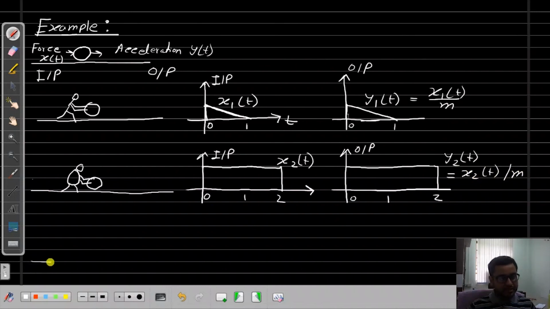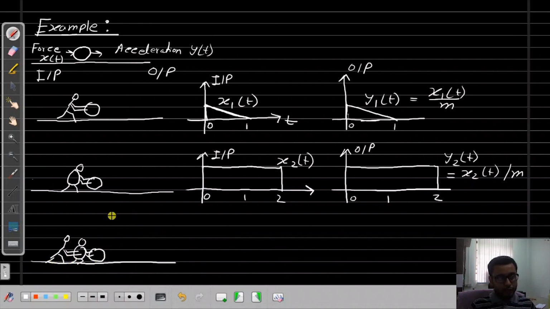Now after this, you and your friend decide to push this object together.